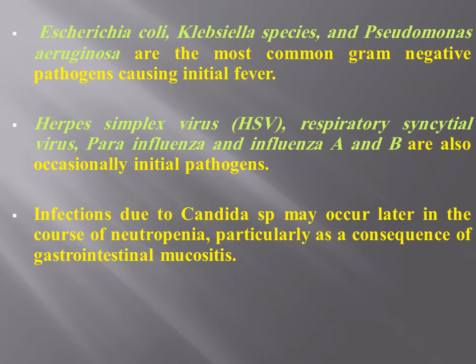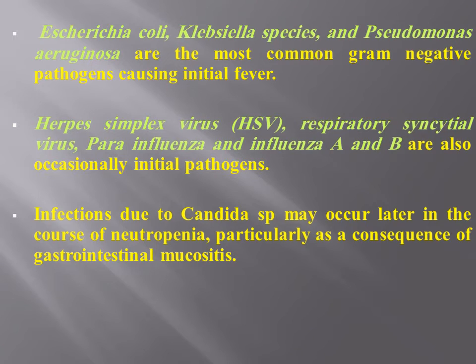Escherichia coli, Klebsiella species, and Pseudomonas are the most common gram-negative pathogens causing initial fever. Herpes simplex virus, respiratory syncytial virus, parainfluenza, and influenza A and B are also occasional initial pathogens. Infections due to Candida may occur later in the course of neutropenia, particularly as a consequence of gastrointestinal mucositis.